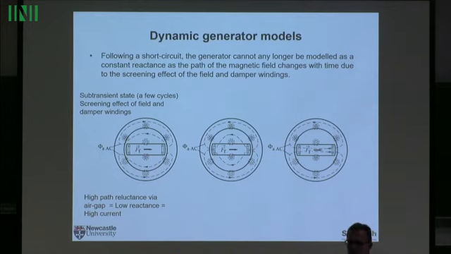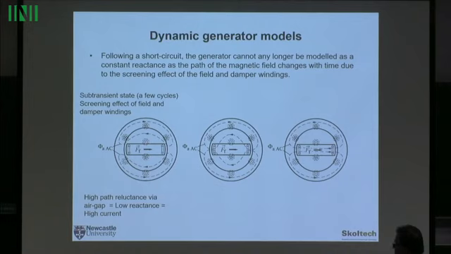Like, for example, superconducting coils, where nothing can change, they always stay the same. So initially they will try to repel. This is the so-called screening effect. It will decay with time as the currents dissipate energy, but initially the flux is forced out of the path of least reluctance. It will avoid the damper winding and the field winding, so it will go through the air gap.